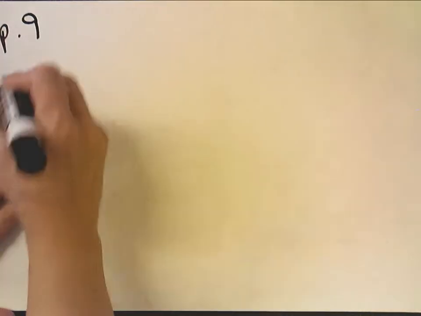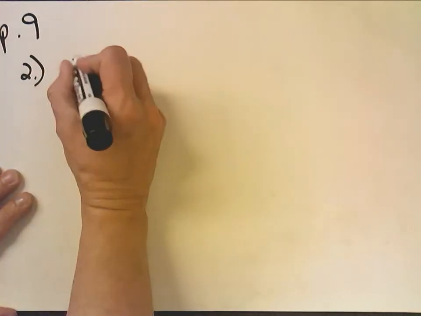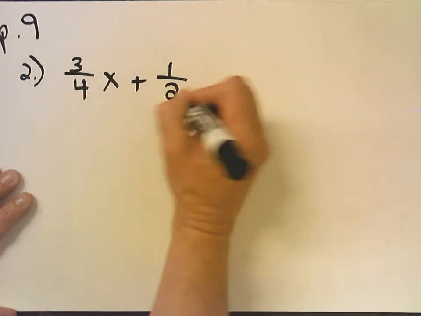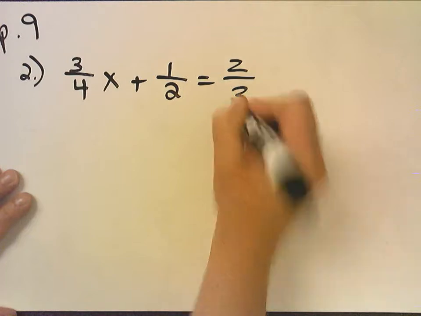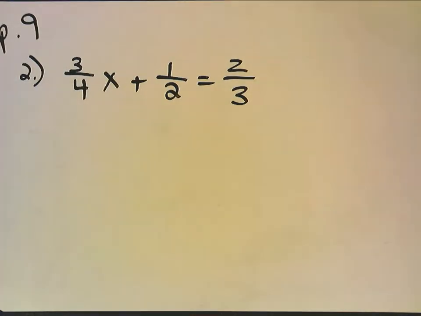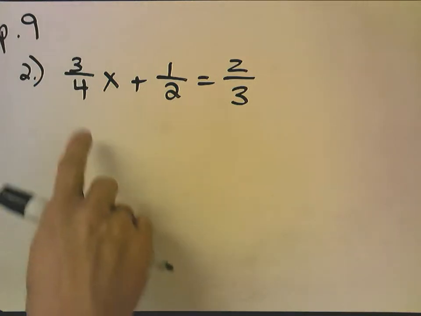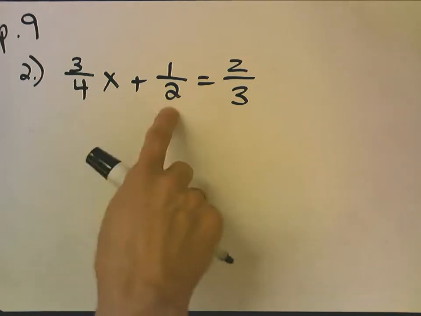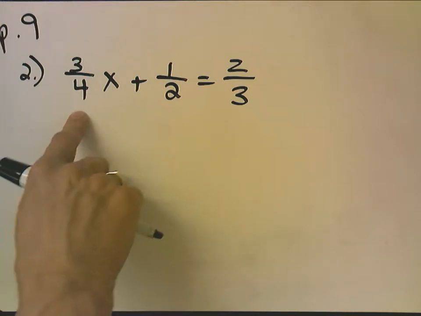Now, let's look at number 2. Number 2 is 3/4 x plus 1/2 equals 2/3. So again, to clear an equation of fractions, I multiply every single term by the common denominator. Now I don't just look here and say the common denominator is 4.